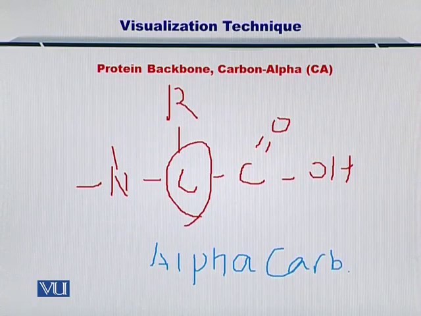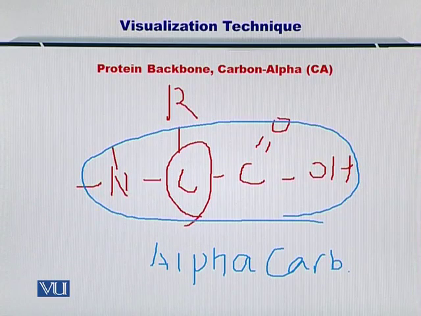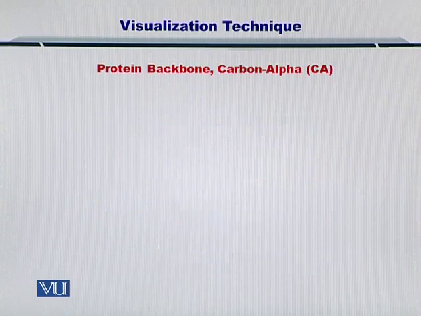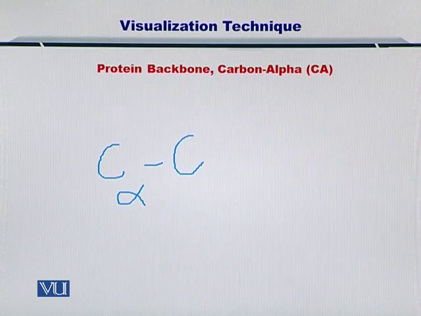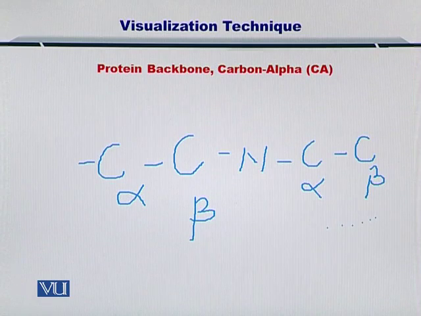There are multiple alpha carbons within the backbone because there are multiple amino acids lining up in the backbone of a protein. So given several alpha carbons followed by another carbon, we typically call it the beta carbon, followed by nitrogen, alpha carbon, beta carbon, and so on.